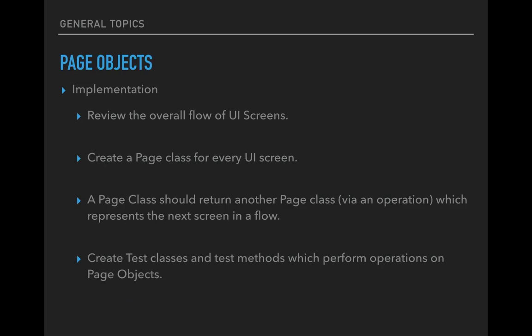But the general flow that I would use is, I would first review an overview of the flow between my screens. So I would note down every screen and to what other screen that screen connects. Then I would create a page class for every screen that I noted down. And then for every connection between those pages, I make sure that one page returns that page to another page.